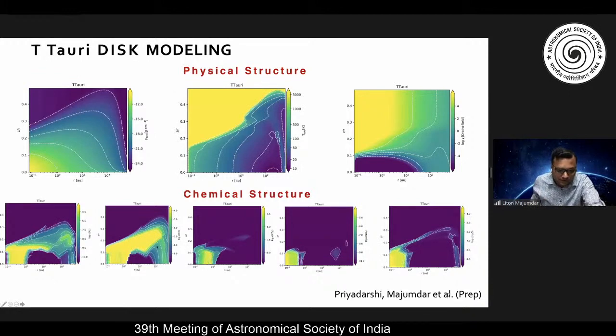For CO2, as I mentioned, the desorption temperature of CO2 is much higher than CO. So you expect CO2 is only available around this region, not in the outer part. And the same thing is for nitrogen. Why is this important? Because it controls the composition of the planet that will form there.